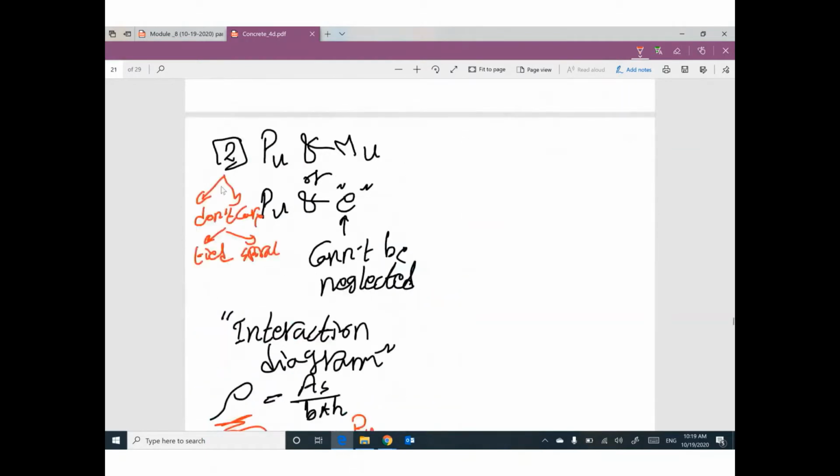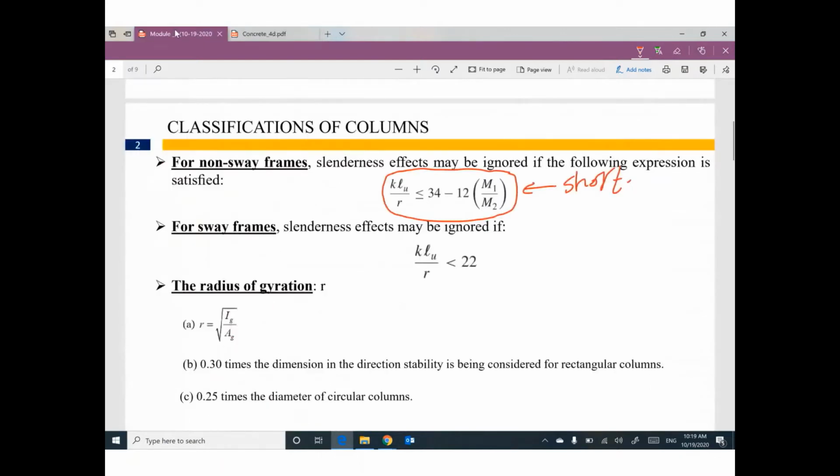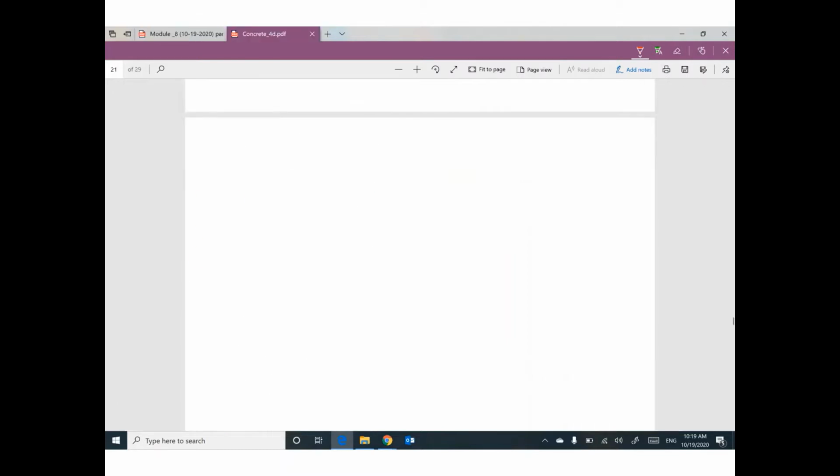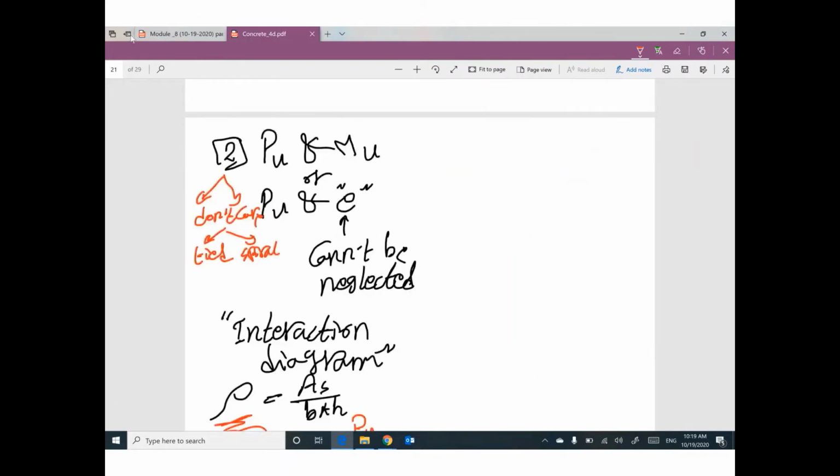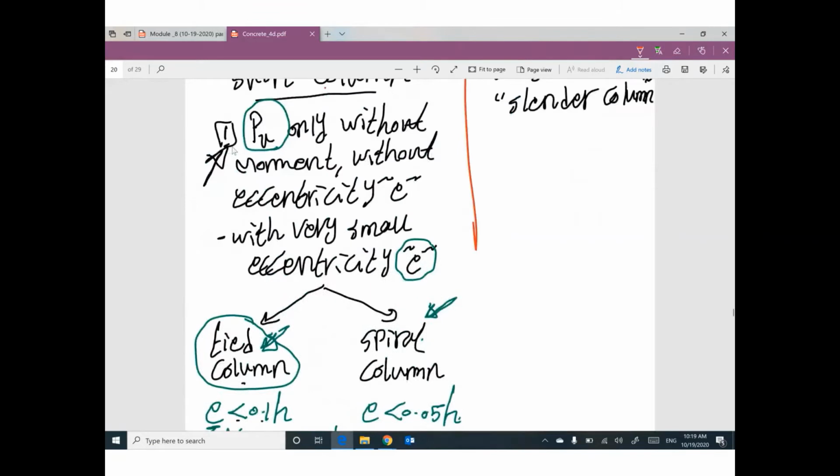But if this condition is not satisfied, K times L divided by R not smaller than or equal, it's greater than, that means your column is long. So right now we are on the other side, long column or slender column.